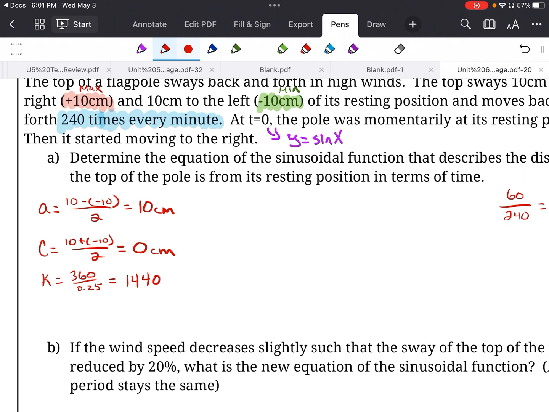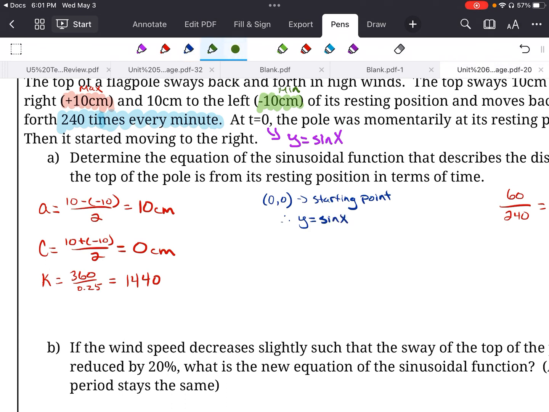And now we can start filling in. So the starting point is (0, 0). I know I mentioned it above, but because it's starting at the equation of axis, we will be using y equals sine x.